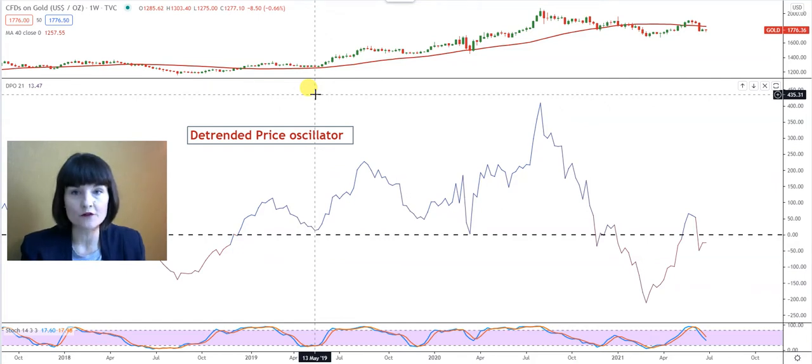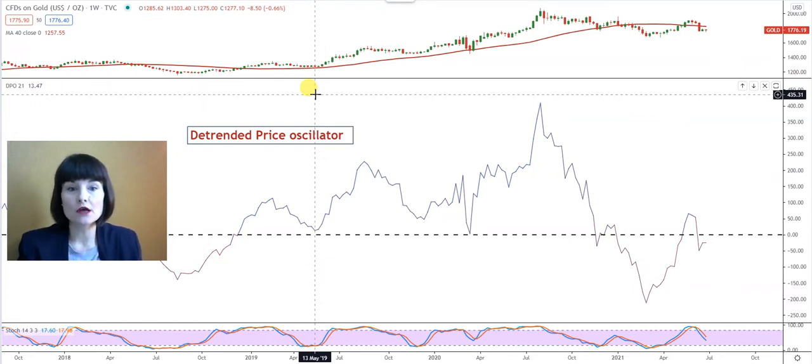If we look at the 40-week moving average, it's the average price of the last 40 Friday closing prices. Because on a weekly graph, that candle represents the price movement of the week, and the moving average is calculated by the closing price on a Friday.